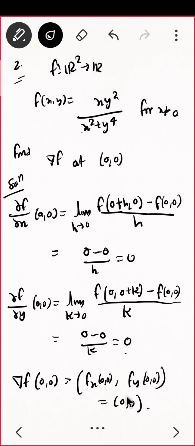Correct? Yeah. So you see that gradient is a vector quantity. And next comes algebra of gradient. That is easy to see.